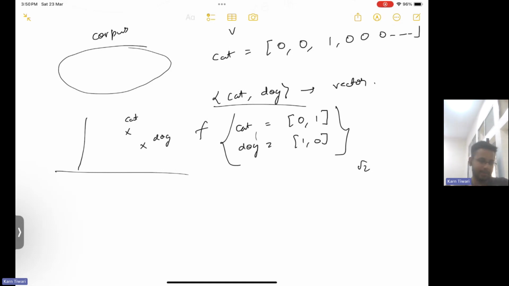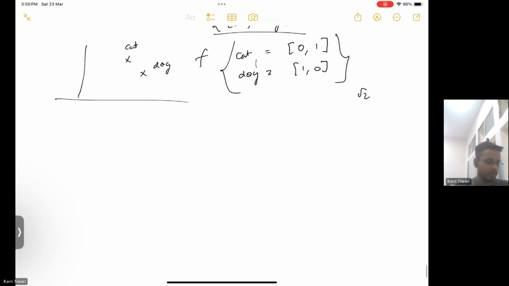Every word is equally near, so it does not represent any information that two similar words should have a nearby Euclidean distance.